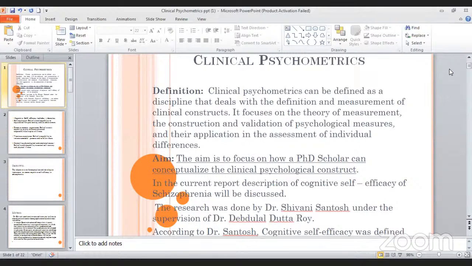Our aim is to focus on how a PhD scholar can conceptualize a clinical psychological construct. For this, we are selecting a PhD thesis done by Dr. Shivani Santosh under the supervision of Dr. Bedula Roy, based on the cognitive self-efficacy of schizophrenia.